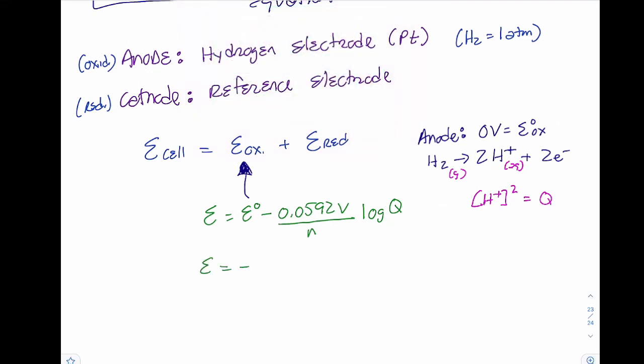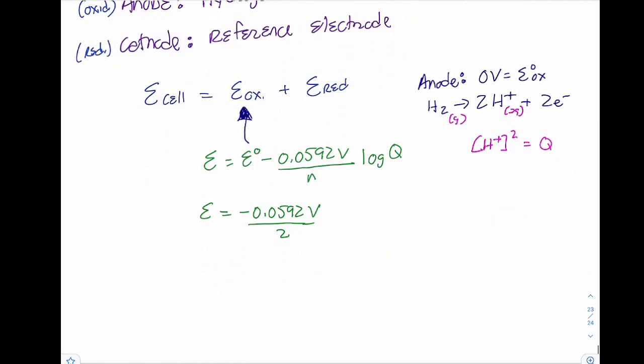E is equal to negative 0.0592 volts over 2. And then that's multiplied by the log of hydrogen ions squared. And then using a log identity, right, I know that the log of something squared is the same as 2 times the log of whatever that thing was.